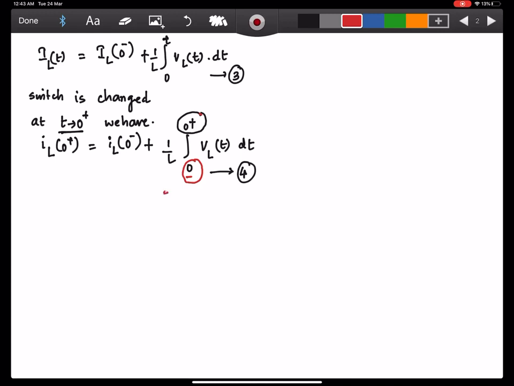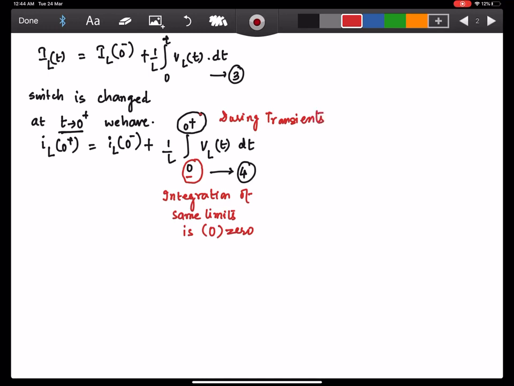So integration of the same limits is always equal to 0. And when it is 0, it is during the transient.